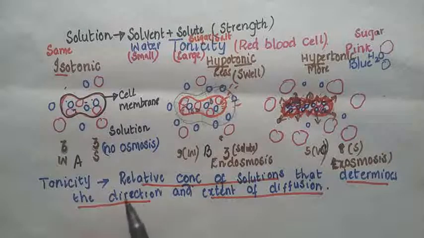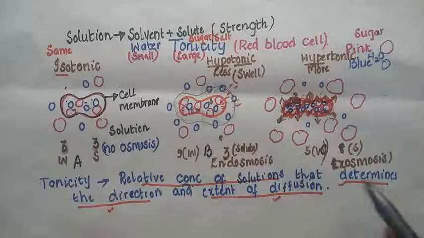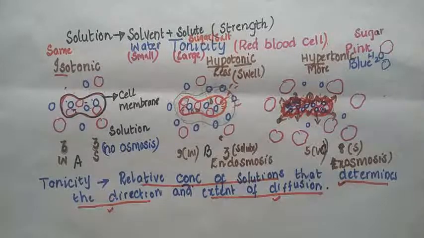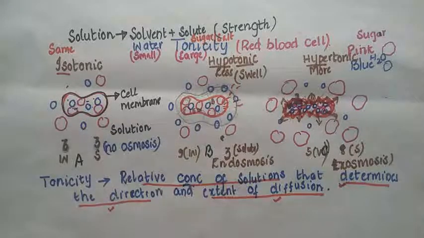Very easy to remember. Relative concentration of solutions that determines, first D, the direction, second D, and the extent of diffusion. So you have three words starting with D, right? So tonicity is defined as the relative concentration of solutions on either side of the cell membrane that determines the direction and the extent of diffusion of water molecules.